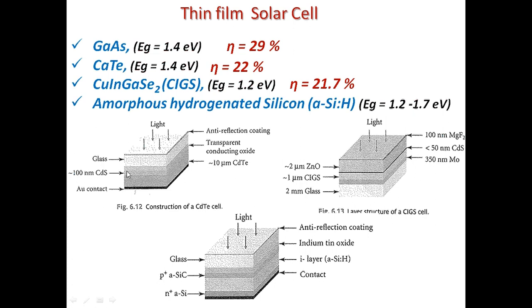And over this cadmium telluride you have a transparent conducting oxide which acts as a conducting layer. Like in a silicon solar cell we have a top contact, here you have a transparent conducting oxide as your top contact. Transparent conducting oxide is transparent like what we have in glass, but it is also conducting, like ITO, which is indium tin oxide, or FTO, which is fluorine tin oxide.